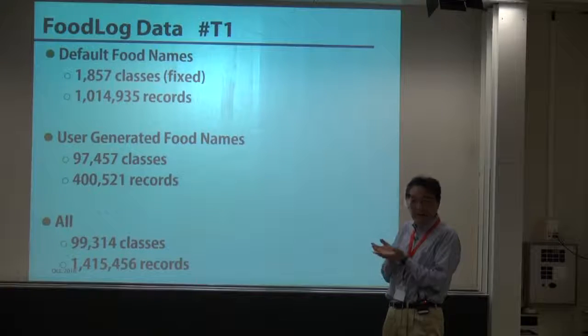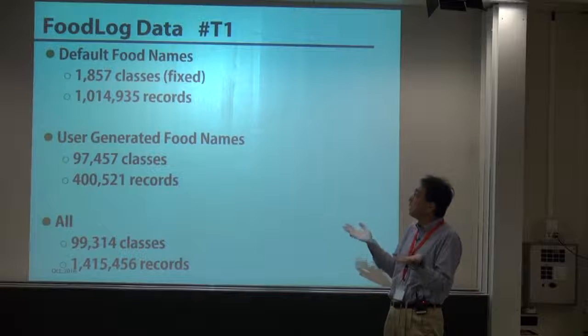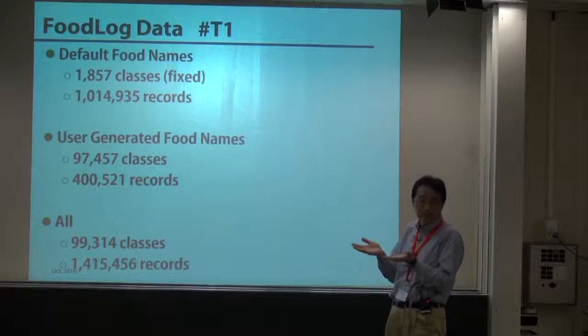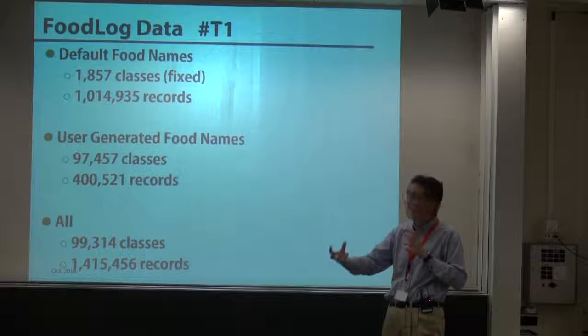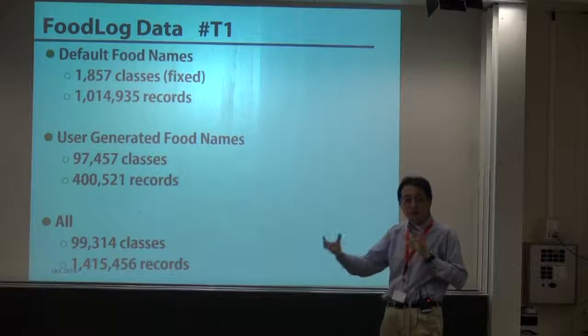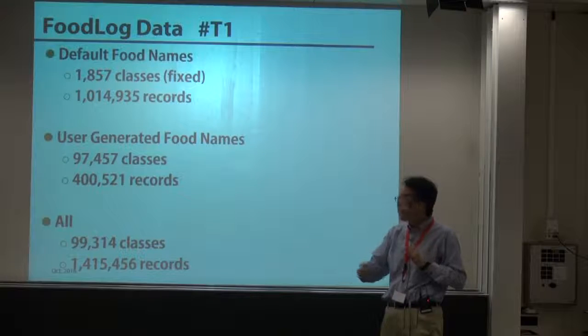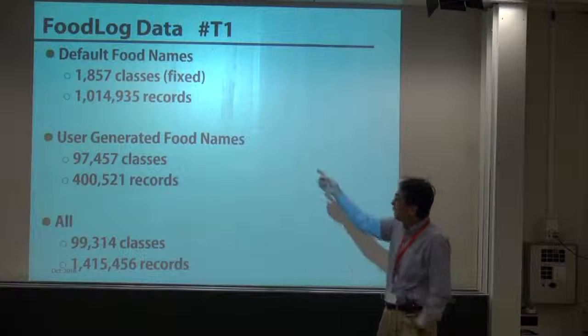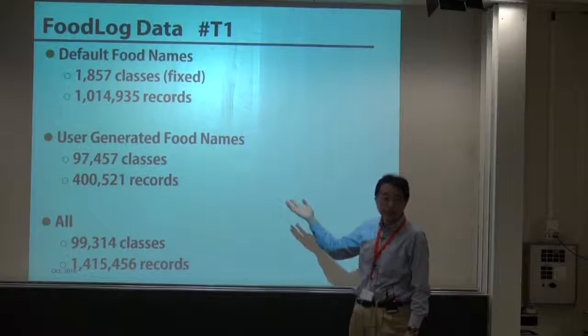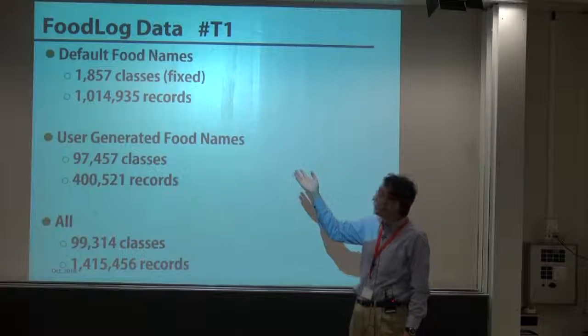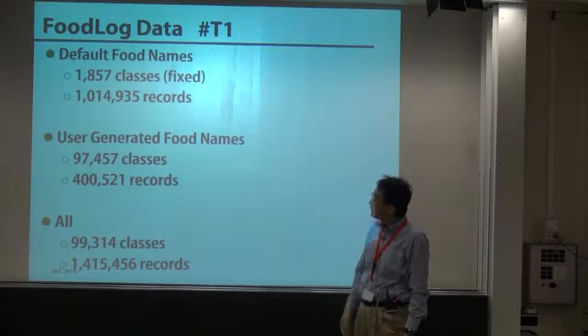In this case, we had a default of approximately 1,800 classes. It is our default data, the default names of generic Japanese food. The users used it, and then 1 million records are in this class.